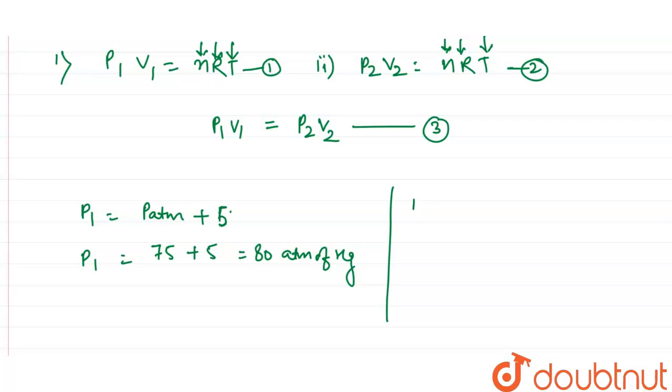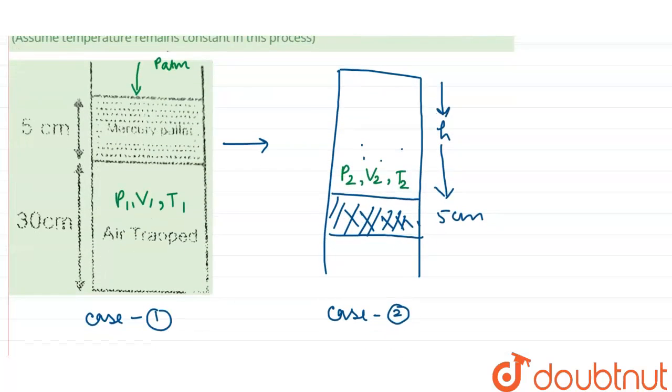Now for P2, in case second, the pressure is applied on the mercury pellet by the atmosphere, that is P atmosphere, in the reverse direction.